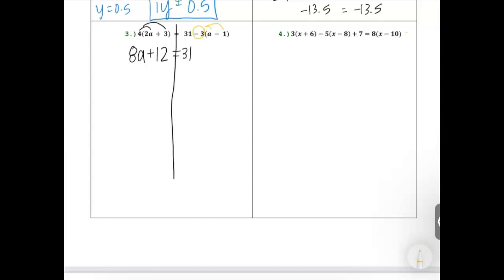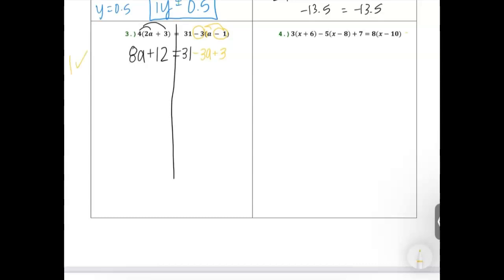So A, there's like a 1 with the A, that becomes 3a, but because a was positive, now it's negative. This is a negative 1, it gets 3 times as big and its opposite, so now it is a positive 3. And so now, this turns into 31 minus 3a plus 3.